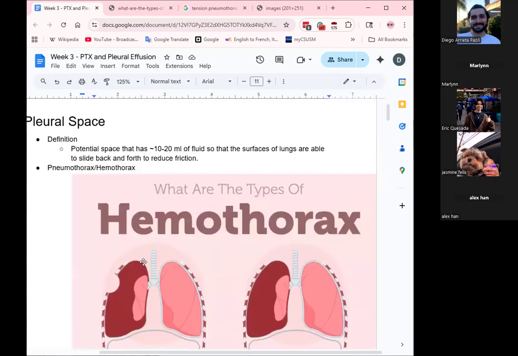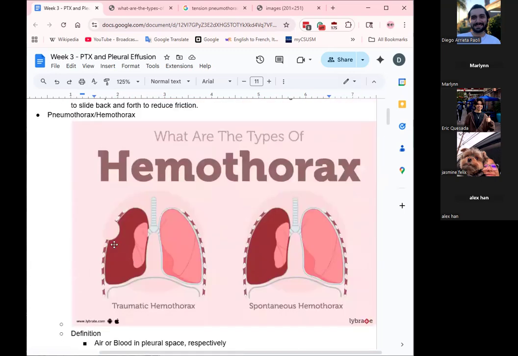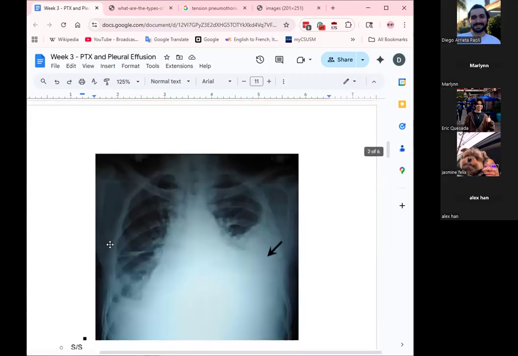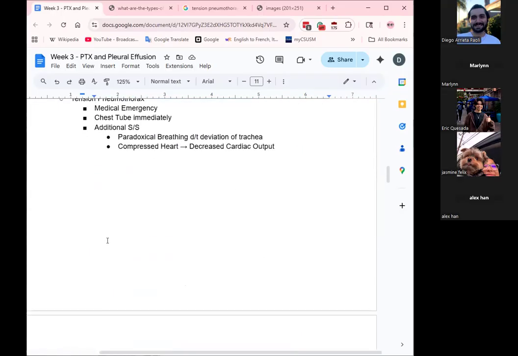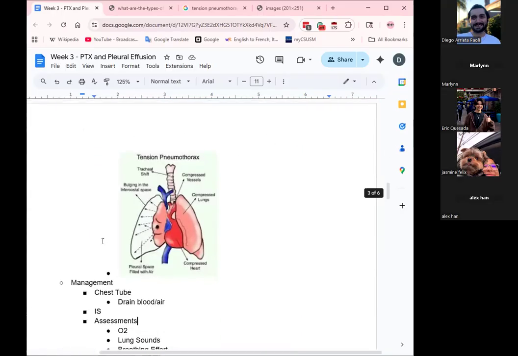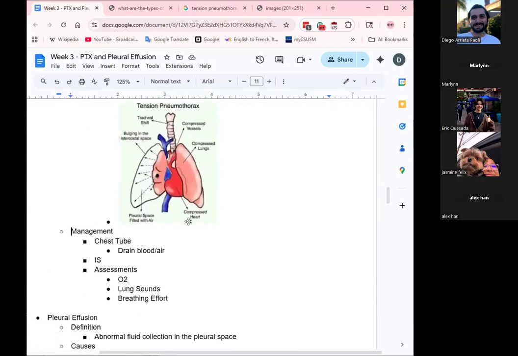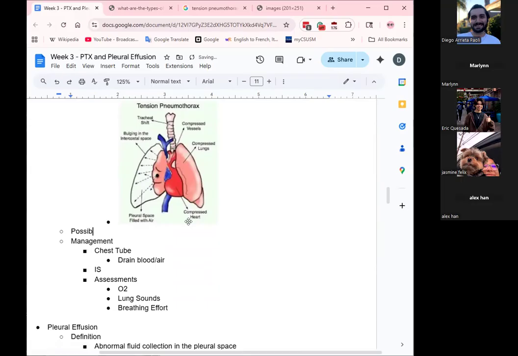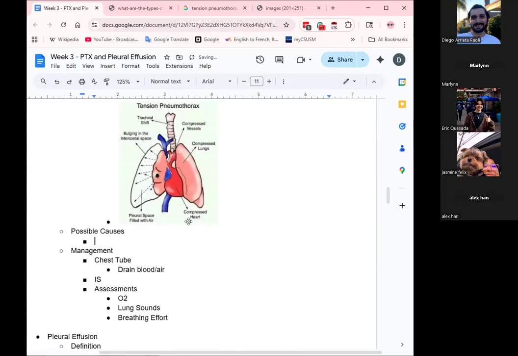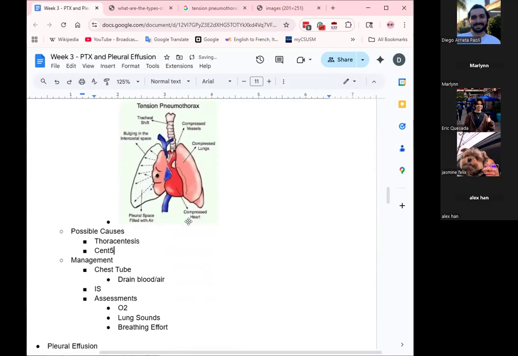Something to note is that it is very possible that you get a pneumothorax from other procedures like a thoracentesis. So maybe we can put some causes. A thoracentesis gone wrong, a central line gone wrong.